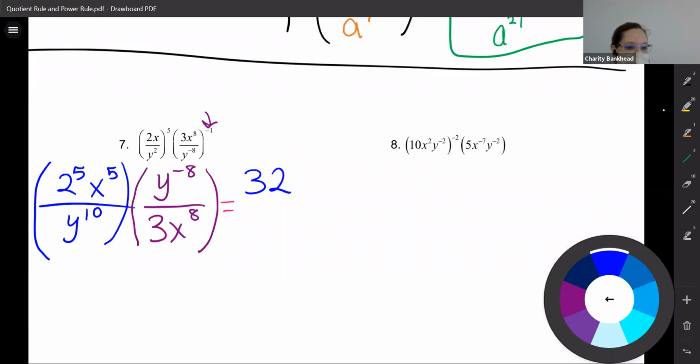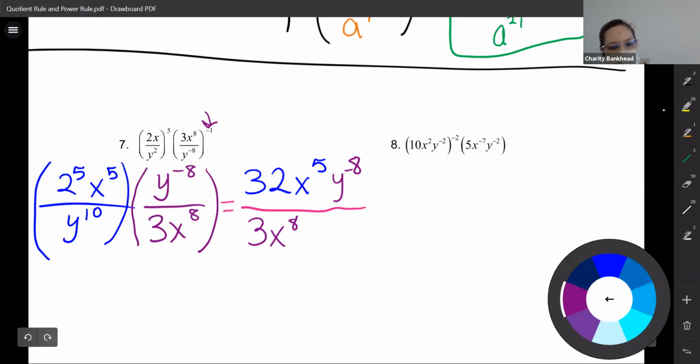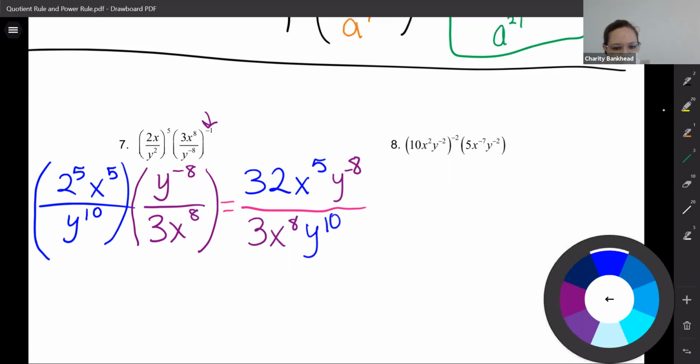Okay. And then I can just go ahead and say x to the 5th, y to the negative 8, all over 3x to the 8, y to the 10. But I still need to simplify that.